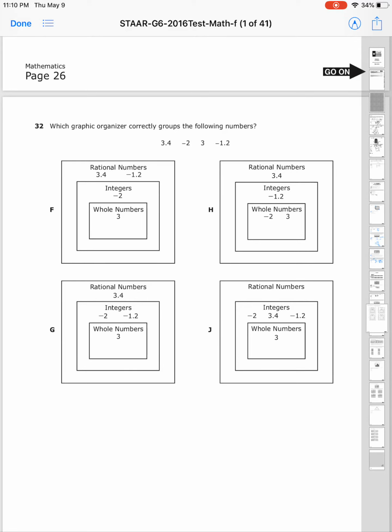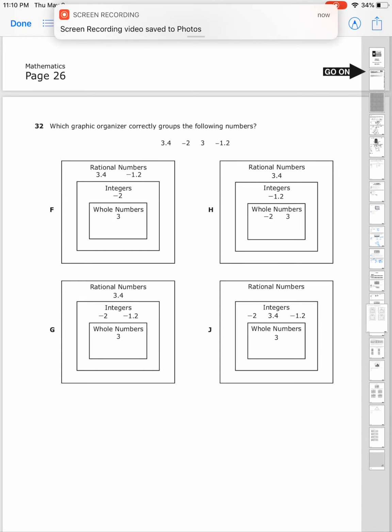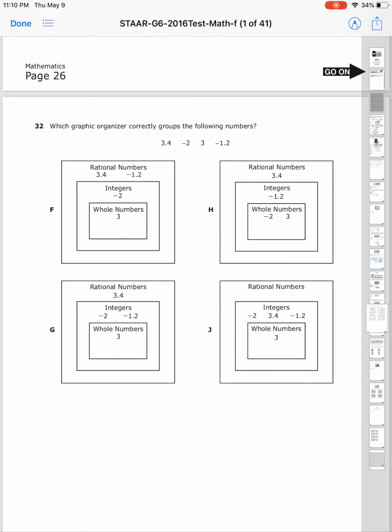Alrighty, so now we have number 32, and we have to figure out which numbers are rational numbers, integers, and whole numbers. So what you need to remember, guys, is that a rational number, right?